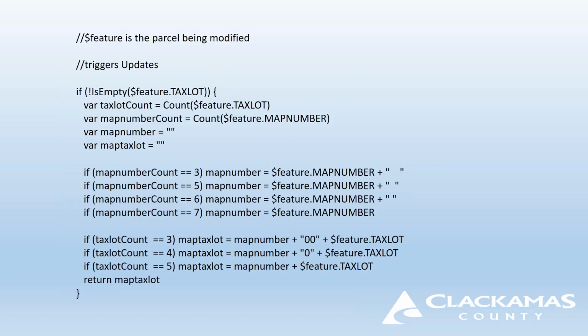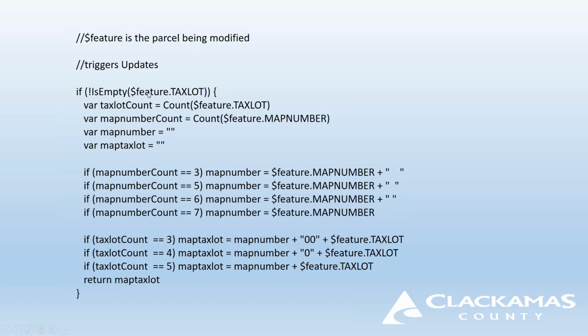And then after I've updated the map number, I'm going to create the map and tax lot number. And I do this on an update. So here, I'm not actually doing an overlay. I'm doing a check. So if not empty, and this is important, I'm going to show you why this is very important.